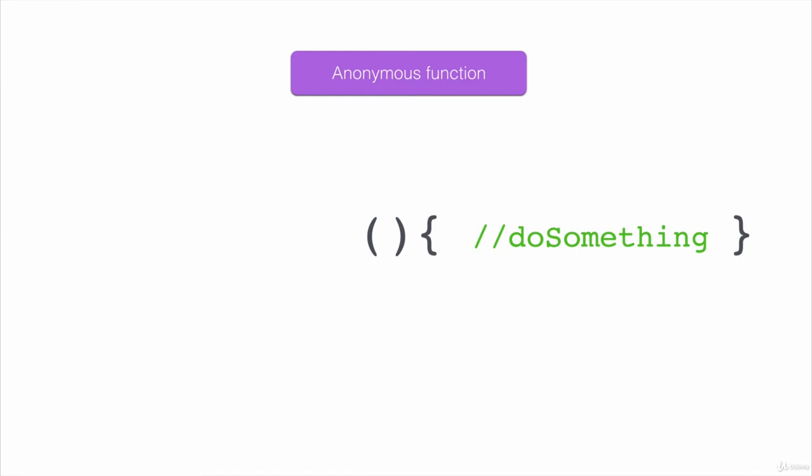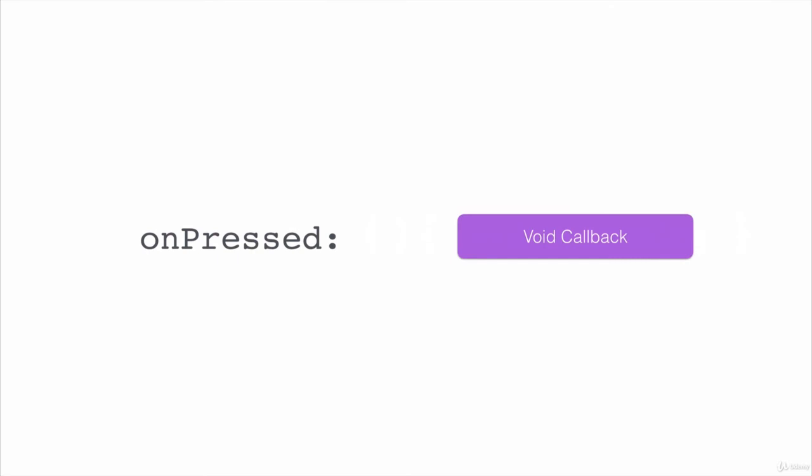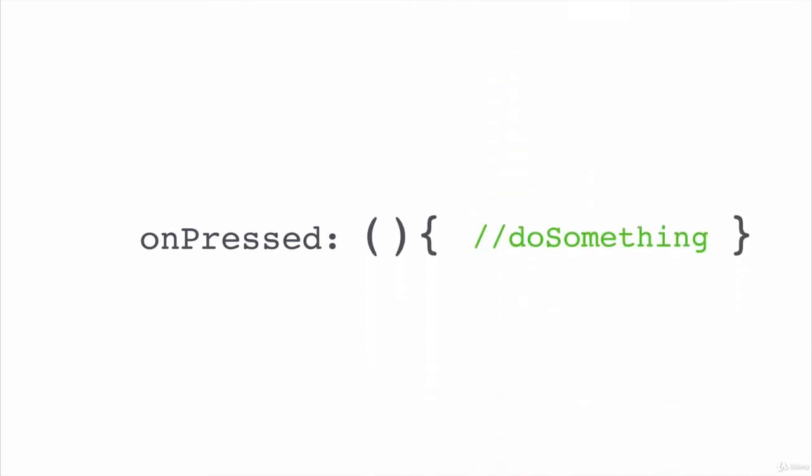They allow us to tell the computer to do something without explicitly having to create this entire function, give it a name, and call its name. When we were coding up our onPressed, which expected a void callback, it essentially wanted an anonymous function. We passed in the 2 empty parentheses and we gave it the block of code that we want to be executed when the button got pressed.